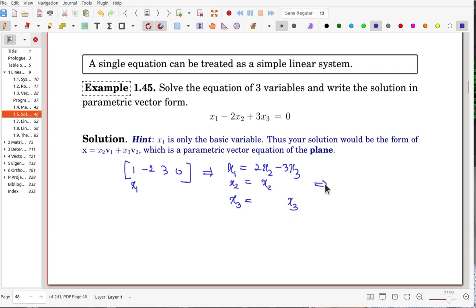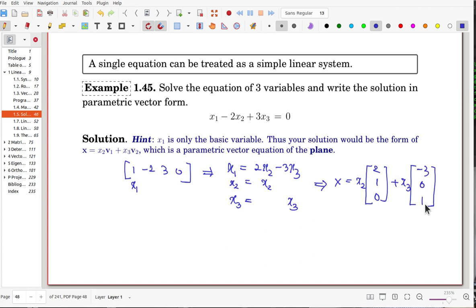So from here, we can get x, that is x1, x2, x3. That is the same as, for the parameter x2, the direction is 2, 1, 0. For x3, the direction must be minus 3, 0, and 1.